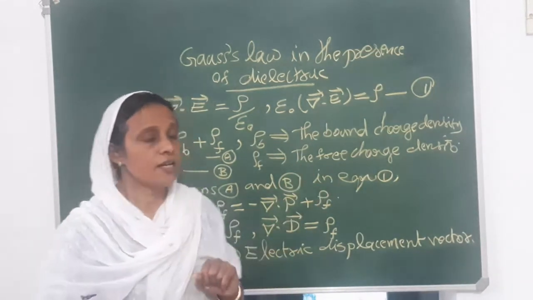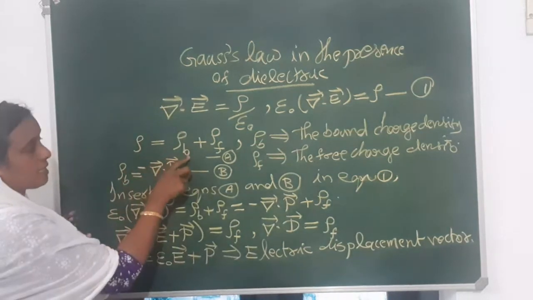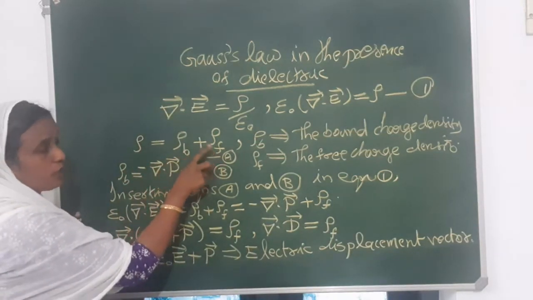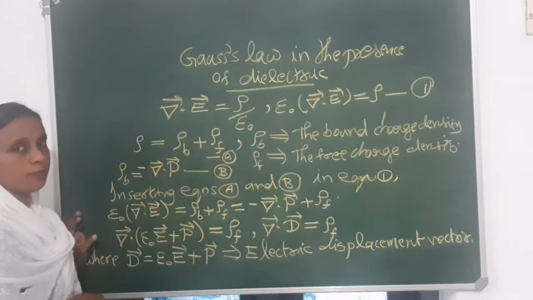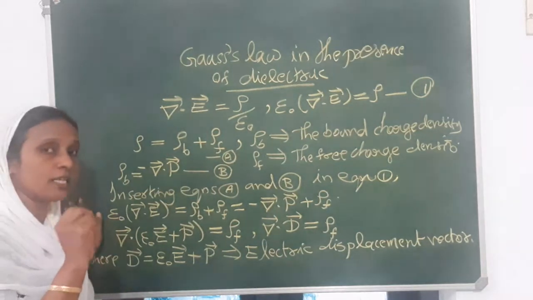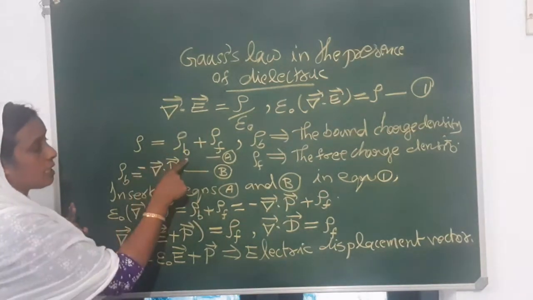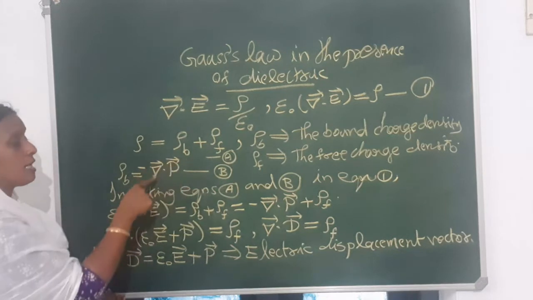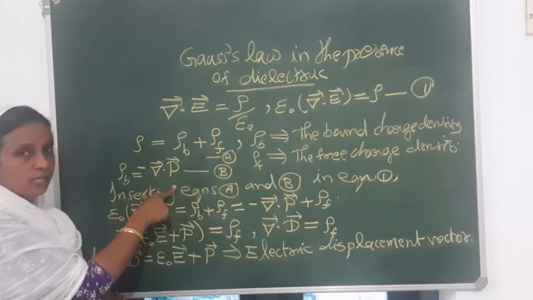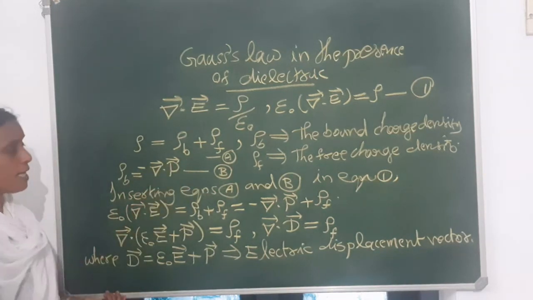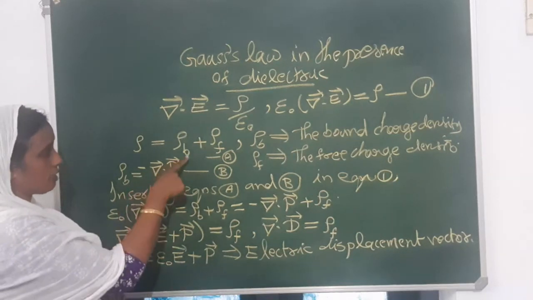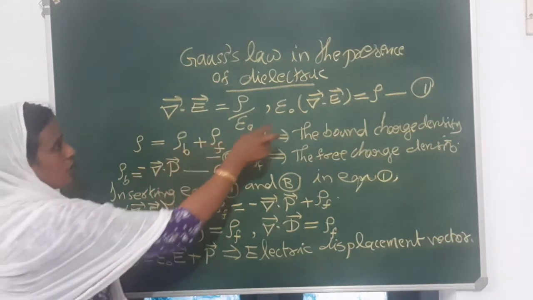Anyway, we can write this charge density as sum of these bound charges plus free charges. In our previous classes, we learned that the bound charge density is given by negative divergence of polarization. So you can substitute this here.